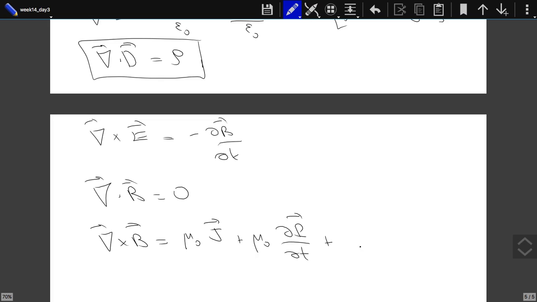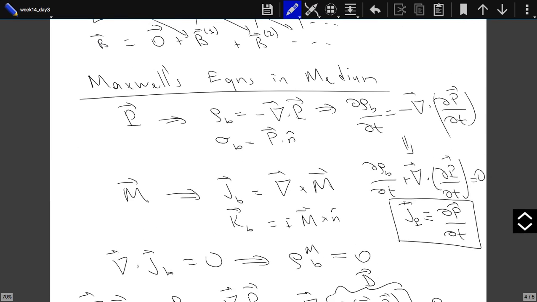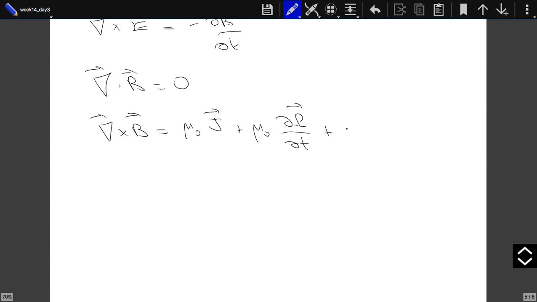Plus, well, there's also this current due to the magnetization, mu 0 curl of M. Plus mu 0 epsilon 0 del E by del t.